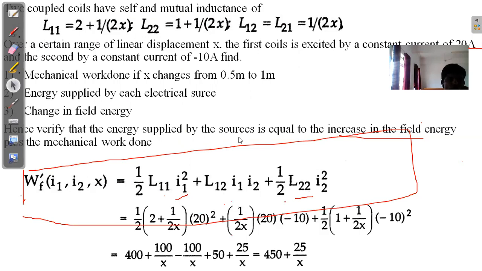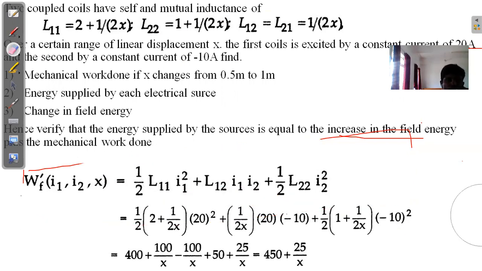We know the value of L11 is 2 plus 1 by 2x with I1 equal to 20, L12 is 1 by 2x, and L22 is 1 plus 1 by 2x with I2 equal to minus 10. So solving this, we multiply: 2 plus 1 by 2x, and 20 square equals 400.